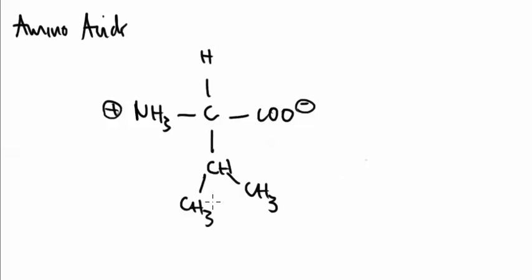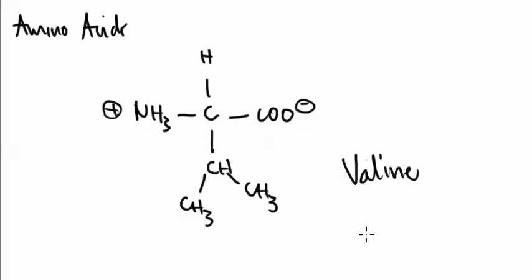And this isopropyl group, if you look at it, kind of makes a V here on the end, right? A fork in the road kind of makes a V. So the structure for the isopropyl amino acid, well, the name for it at least, is called valine.